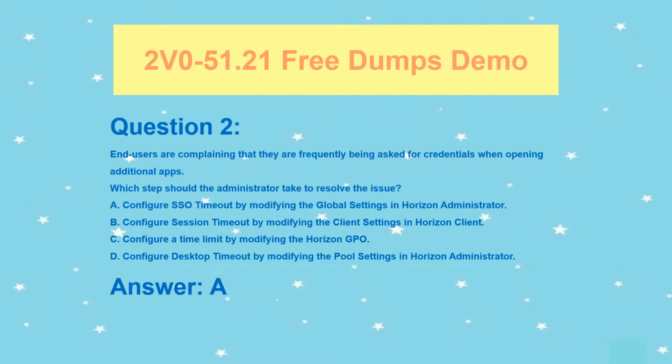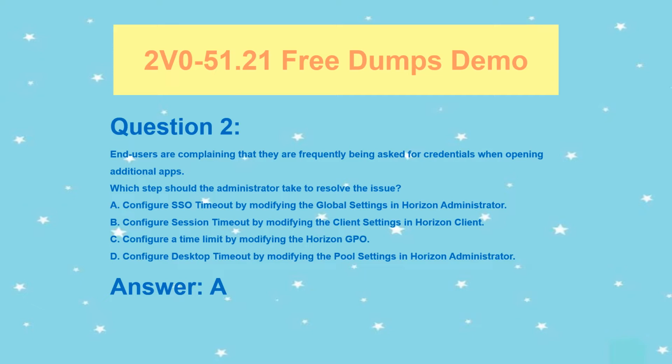Question 2. End users are complaining that they are frequently being asked for credentials when opening additional apps. Which step should the administrator take to resolve the issue? A. Configure SSO timeout by modifying the global settings in Horizon Administrator.